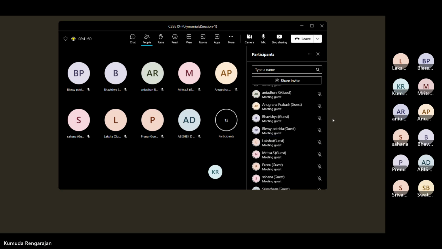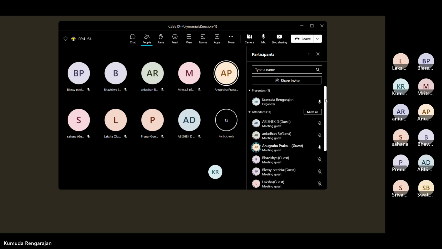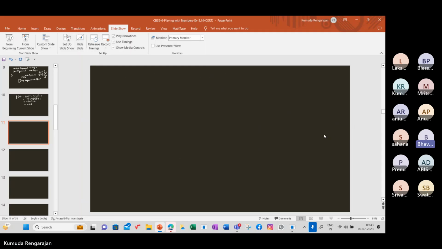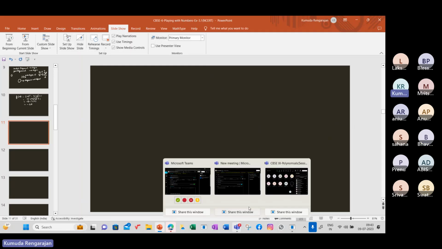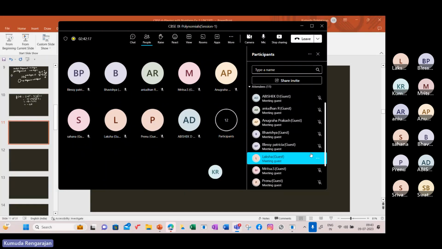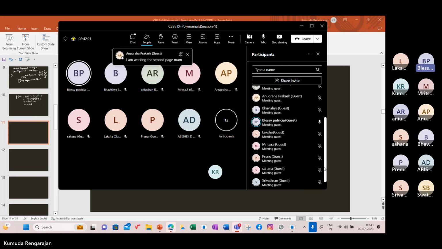Okay. Anugraha? I'm not able to hear you, Anugraha. If possible, please text me, chat on Teams. Bhavishya, finished? I'm doing, ma'am. All right. What about Blessy? Ma'am, I'm doing the second page.